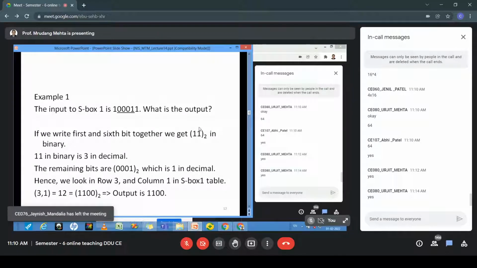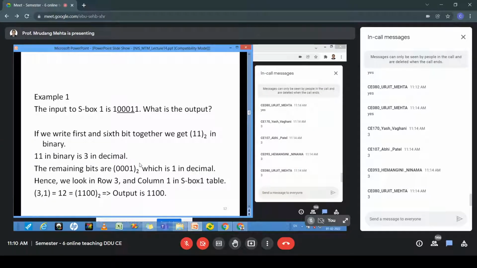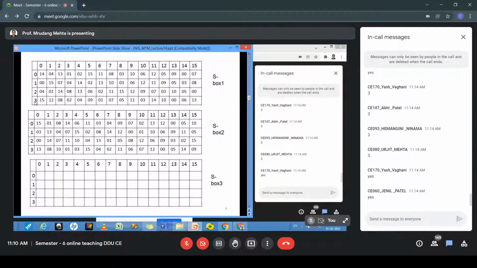What is 1 1 in decimal? It is 3, and that represents the row number. Can you see row 3 here?